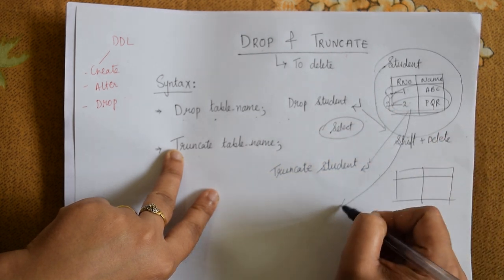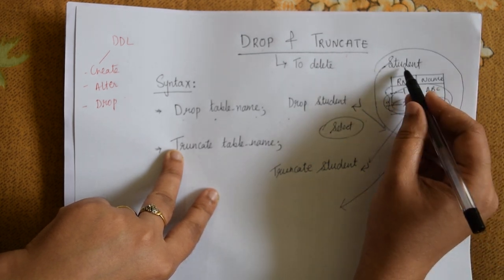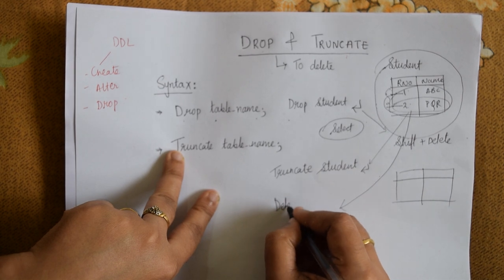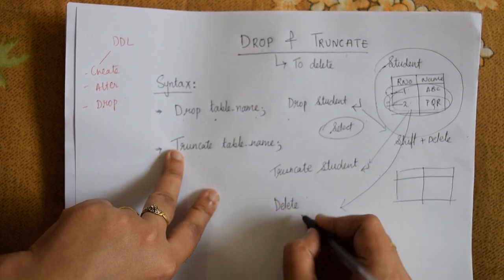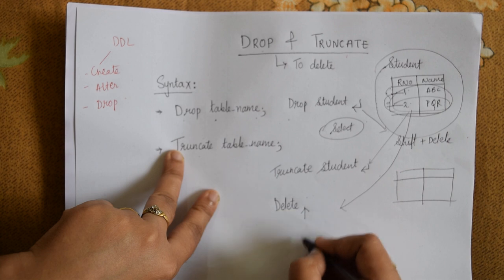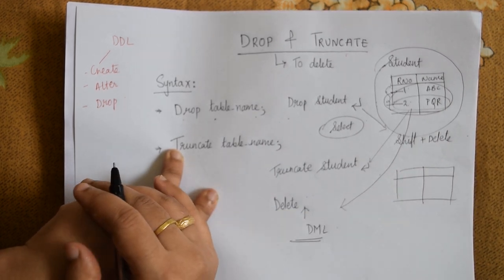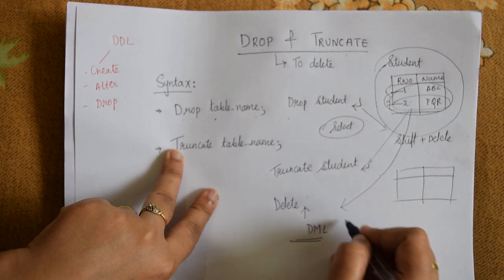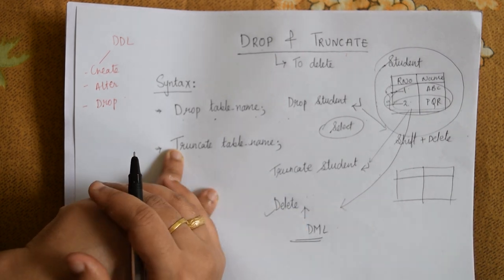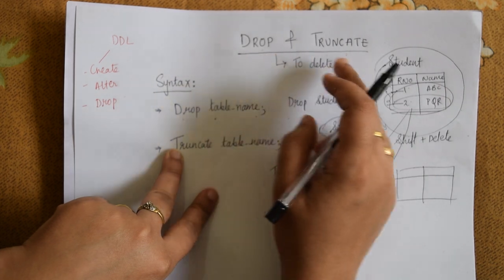So you can delete particular records from your table with the help of the delete command. Okay, and we know that the delete command comes under DML, data manipulation language. Okay, so we will have a separate video for the delete command also. Okay, so this is about drop and truncate.